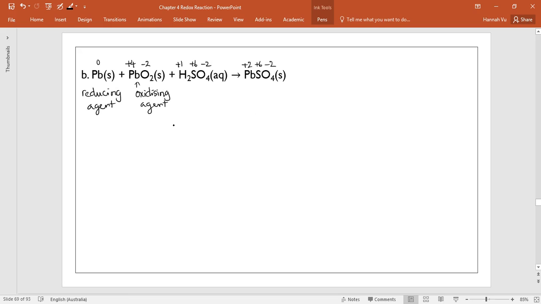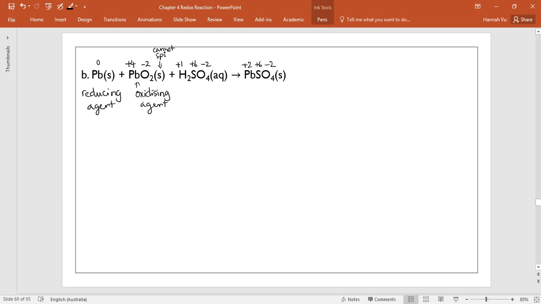The question indicates that this is an acidic condition, but even if it doesn't, you should be able to tell by the presence of sulfuric acid, which is an acid. And before I actually do the question, I'm just going to quickly check whether I could split anything. Lead is a solid. This is an ionic compound, but unfortunately it's also solid, so I can't split that. Cannot split.